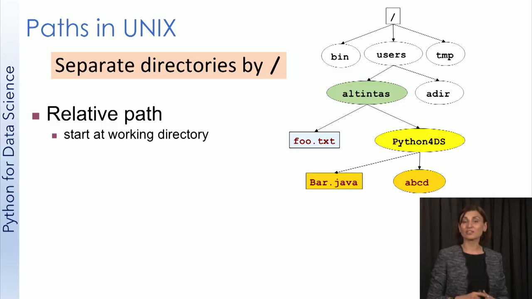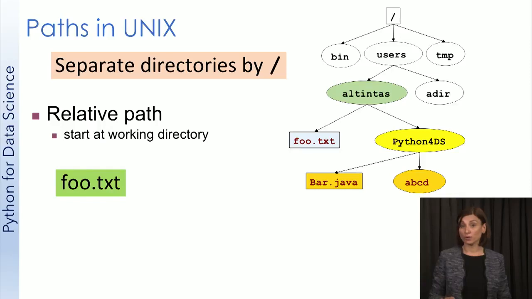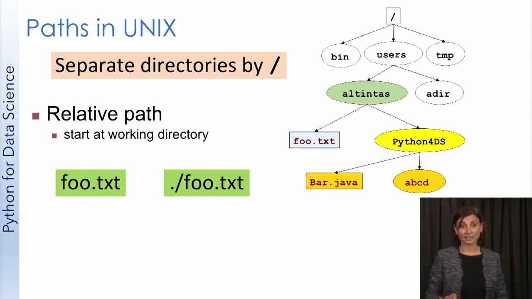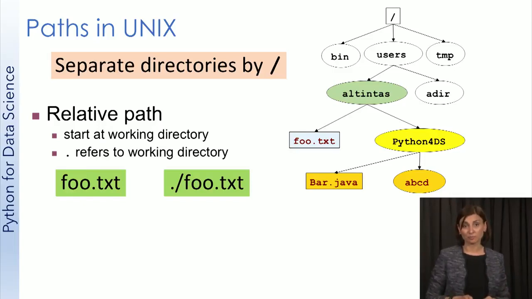We refer to the directory we are operating under as the working directory. So, with altintas as the working directory represented in green, I can say foo.txt or ./foo.txt to reach foo.txt. Here, dot refers to the working directory.